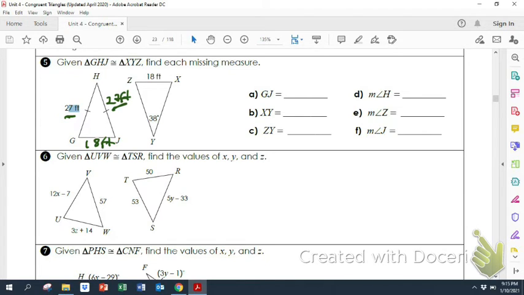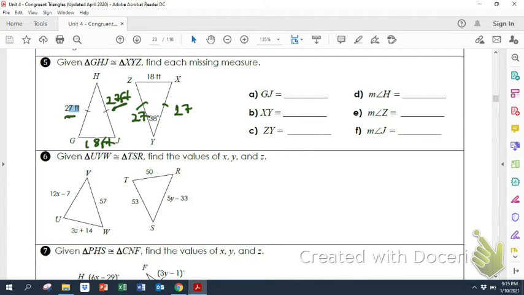And notice GH corresponds to XY. So I'm going to put one tick mark there. And I know that if it's isosceles, this other one is also congruent. So we also know that this is going to be 27 and this is going to be 27.